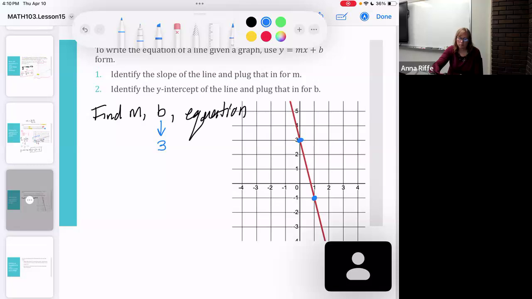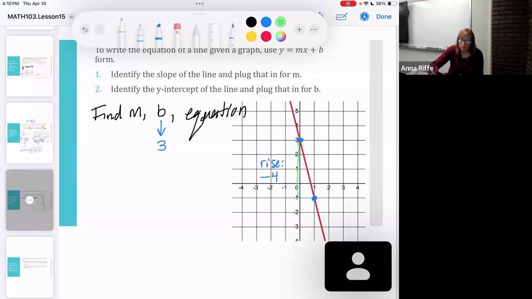Down at (1, -1). So to use the rise over the run form, I can note that to get from one point to another, say from (0, 3) to (1, -1), I can go down 1, 2, 3, 4. So my rise is, since I went down, -4.